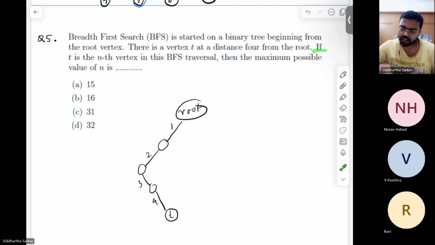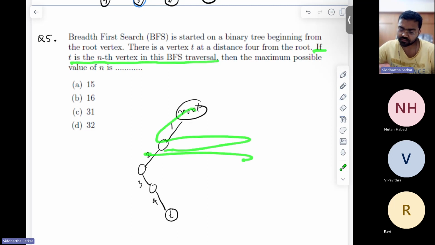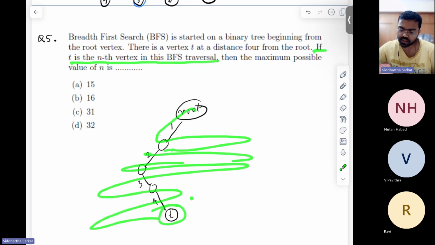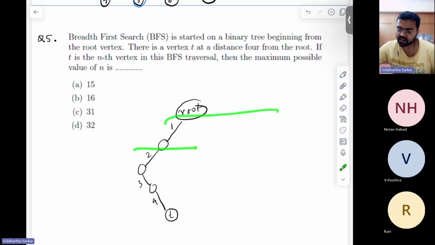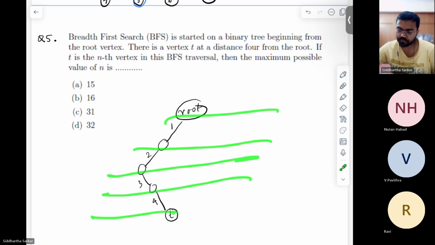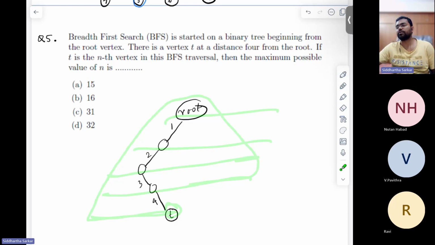So P is the nth vertex in the BFS traversal. If you do the BFS traversal, it does not know the nth vertex. Then what is the maximum possible value of n? That means if you do the BFS, how many elements will show up before T, including T? That is the question.